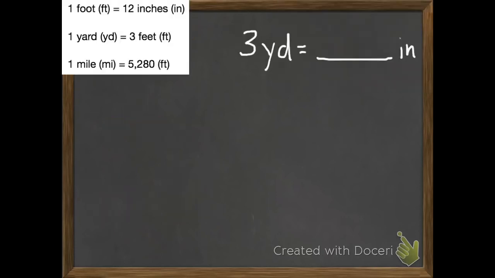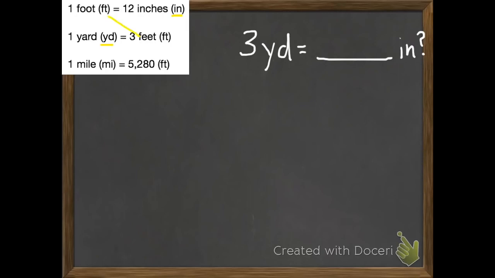For our second example, we're going to change 3 yards into inches. As I look at my facts, I don't have one that has both yards and inches. So this one has yards, that one has inches. But we don't have a fact that goes from yards to inches. So we're going to have to use 2 of our facts to figure out a new fact. So let's start with our yards.